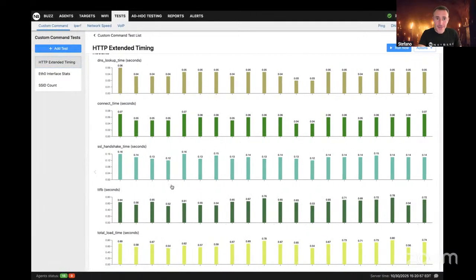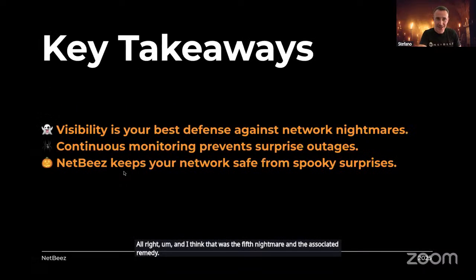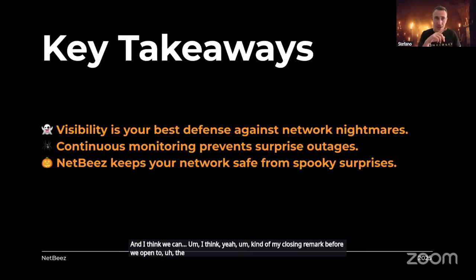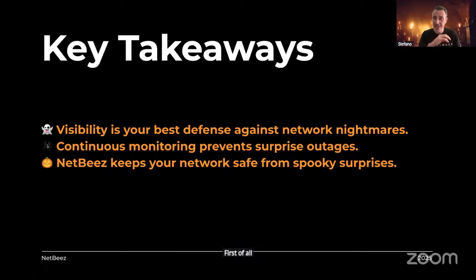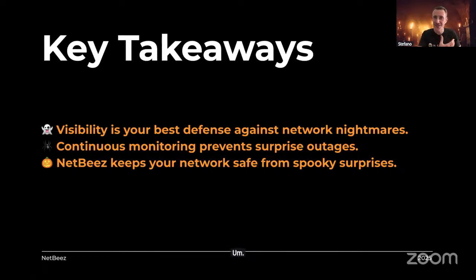All right. And I think that was the fifth nightmare and the associated remedy. And I think we can do a closing remark before we open to the Q&A. First of all, as a key takeaway after this webinar, I would say that visibility is very important as a better defense against network nightmares.